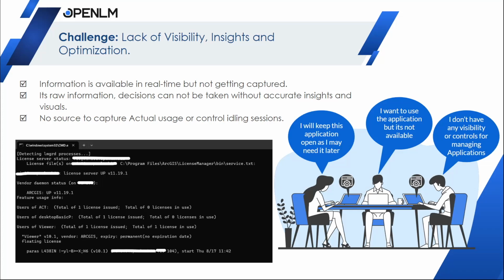Let's look at the scenario with the help of this image in the slide. One employee retains the application even it is not being used by him or she. It can be defined as a waste of software resources. Second employee is in need of application for project work, but there is no software available.